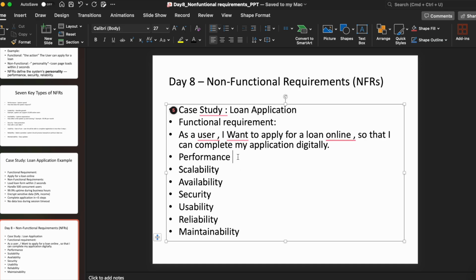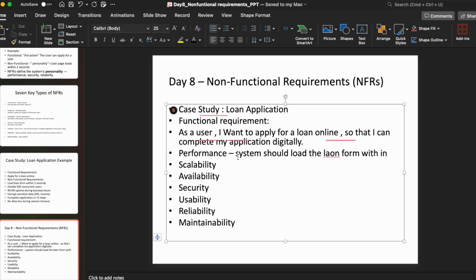So what should we write? Let's write this one quickly. System should load the loan form within 2 seconds.